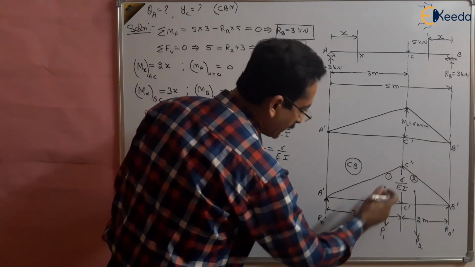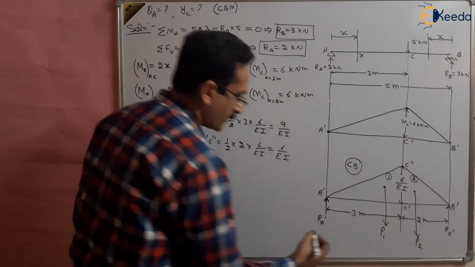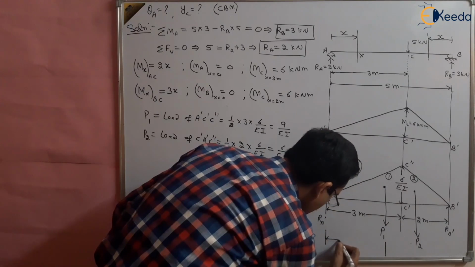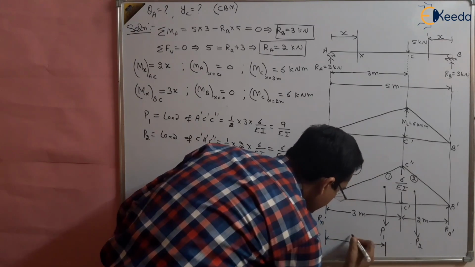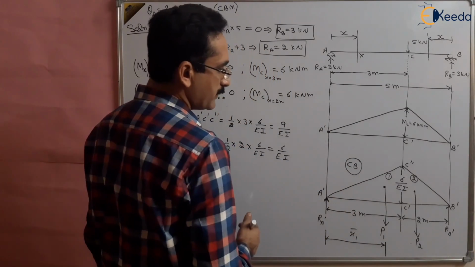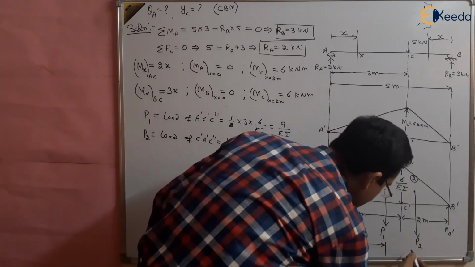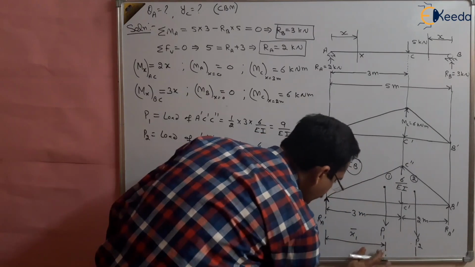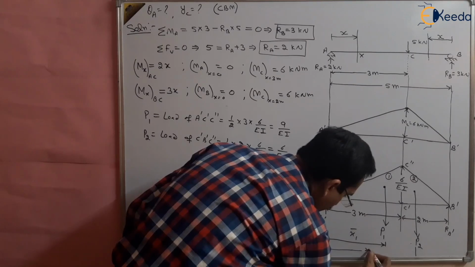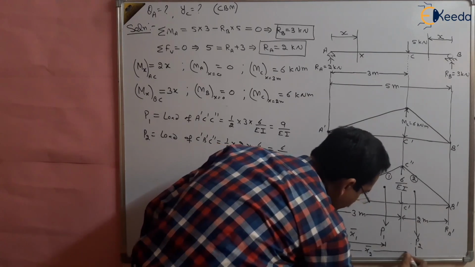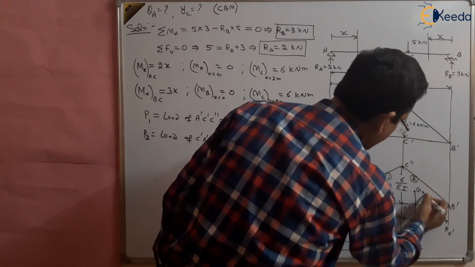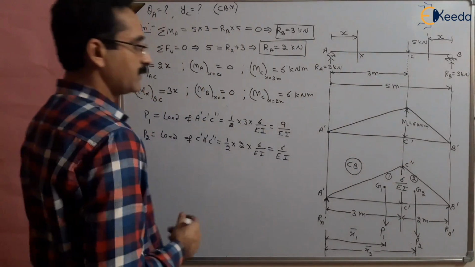And this load will be acting at a distance, say x1 bar, from the end A dash. And this distance is, say, x2 bar from the free end, the centroid of one part of the conjugate beam and the centroid of the other part.